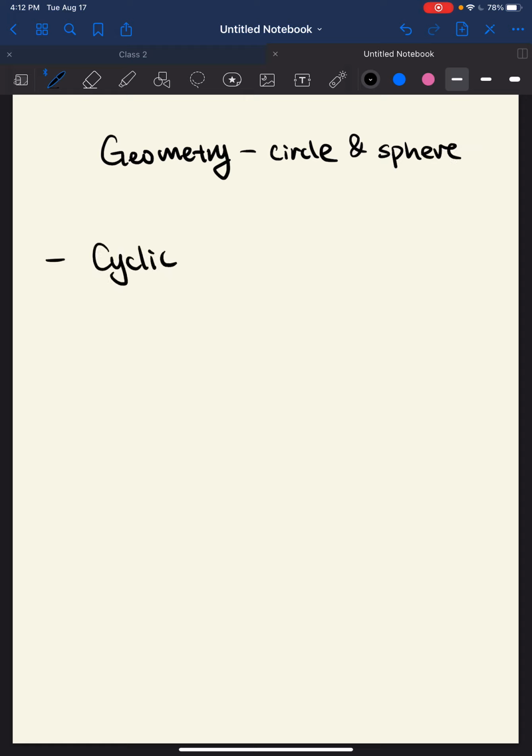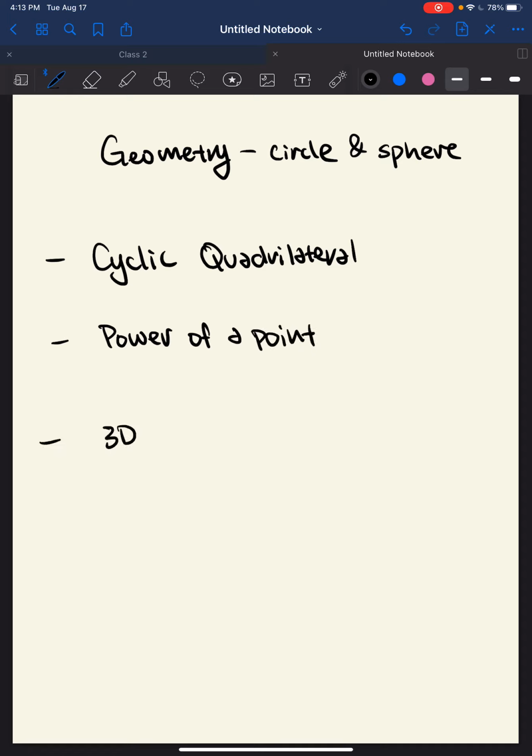Today's lesson is about geometry, and our focus is on circles and spheres. We're going to talk about cyclic quadrilaterals today, power of a point, and last, 3D geometry.